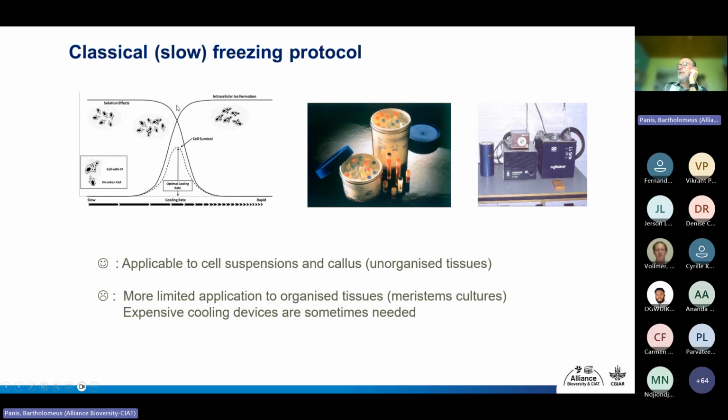So this means that you need to find a freezing rate, which is mostly around 1 degree Celsius per minute. It is often applied to cell suspensions and calluses because it's a methodology which was used in the past for all kinds of tissue, but now it's mainly used for unorganized tissues like these calluses and cell suspensions.